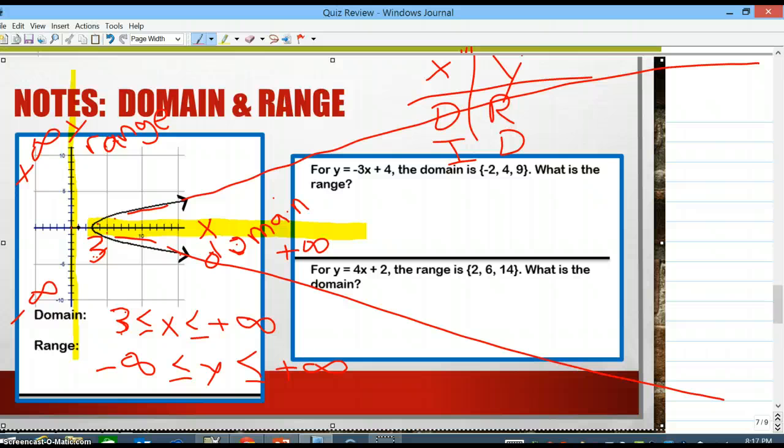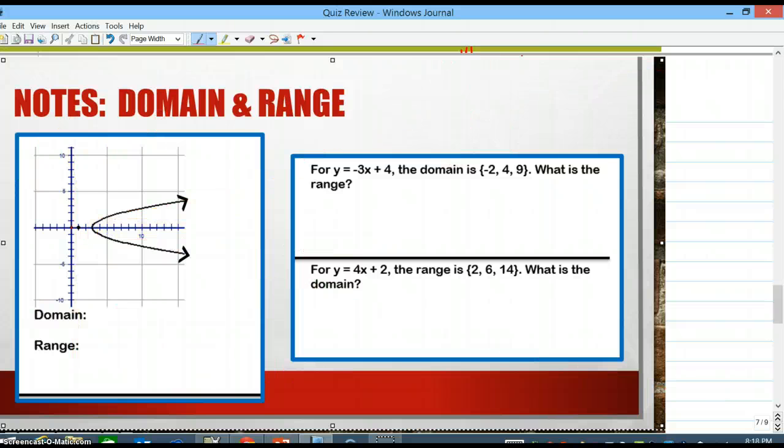Okay, so now, before I talk about the other two, I'm going to erase everything on my slide. For these next problems, we are given an equation and we are told that the domain is -2, 4, and 9. We're looking for the range. Now remember, back to our original chart that we talked about at the beginning of the year, x and y went to the doctor.